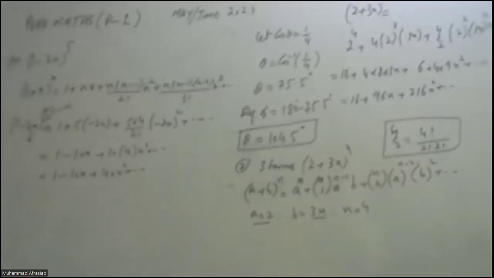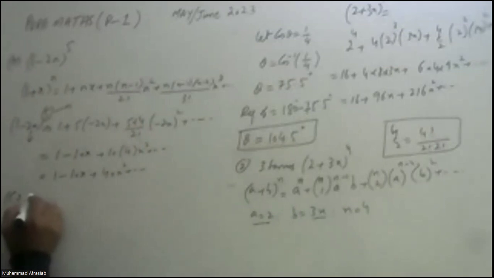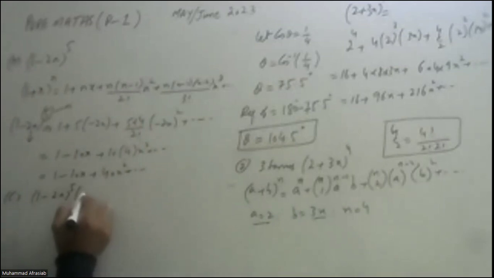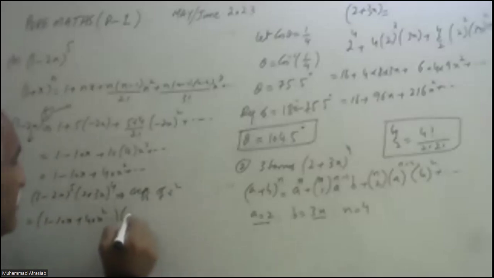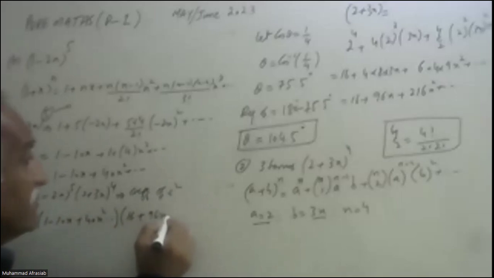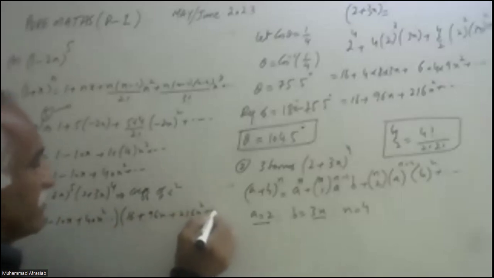Since we require only the coefficient of x squared in the expansion of 1 minus 2x to the power 5 into 2 plus 3x to the power 4, 1 minus 2x to the power 5 is written equal to 1 minus 10x plus 40x squared, and 2 plus 3x to the power 4 is written as 16 plus 96x plus 216x squared and so on.